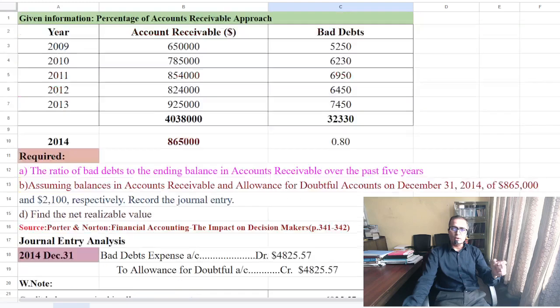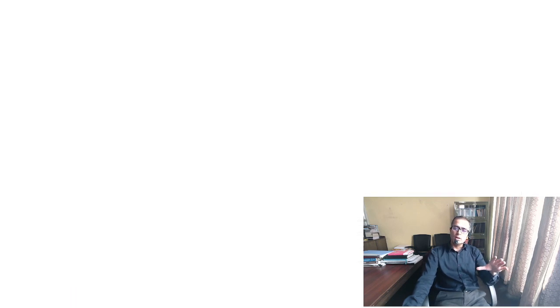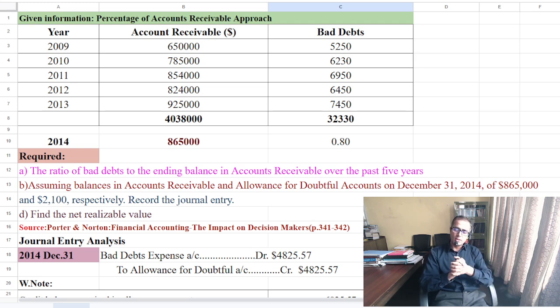Friends, basically what I discussed seems to be complicated, but it's a simple process. Based on the given information, I first tried to organize the whole information. Then, as per the required questions, I calculated the ratio of the bad debt to the ending balance, that is 0.80%.